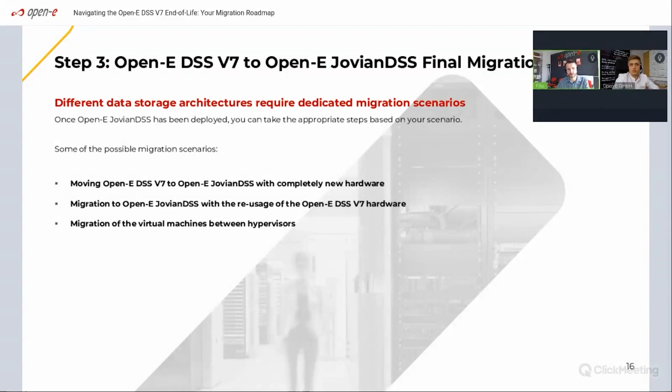The second scenario is quite similar, but it involves migration of Open-E DSS V7 cluster to Open-E JovianDSS cluster on new hardware. So after installing 2 instances of Open-E JovianDSS, you also need to create a zpool whose size will correspond to the size of the storage of your Open-E DSS V7 system.